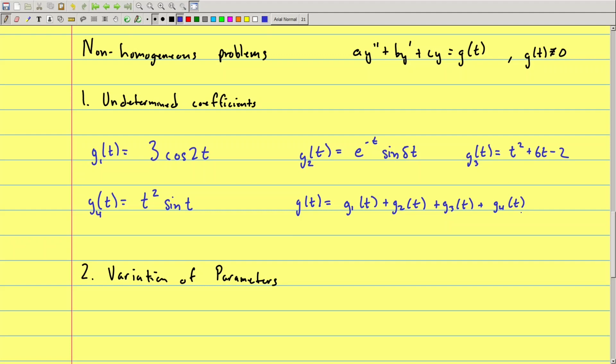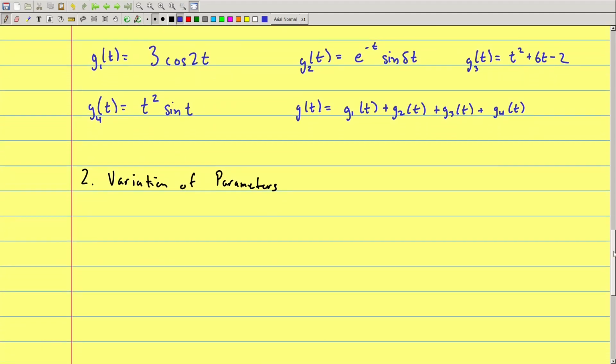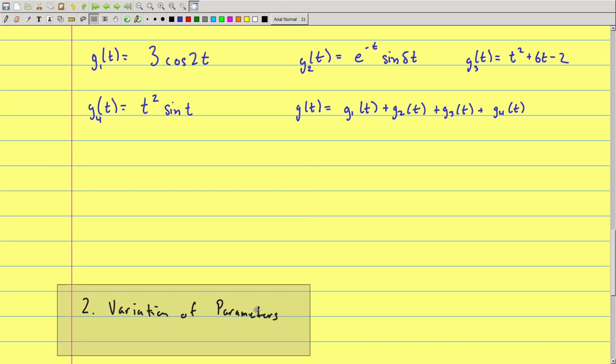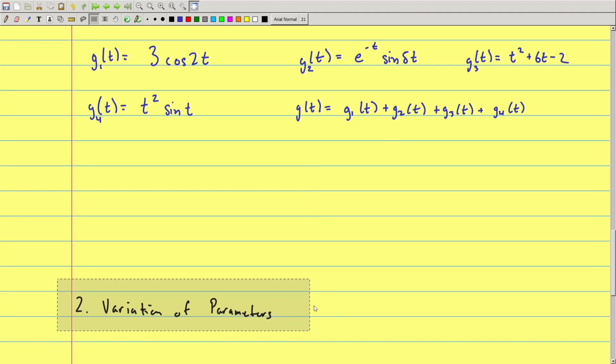Okay. Now, for the method of undetermined coefficients, the key to the whole thing is what kinds of guesses do we make in order to give us an expression in which we are trying to determine the undetermined coefficients.